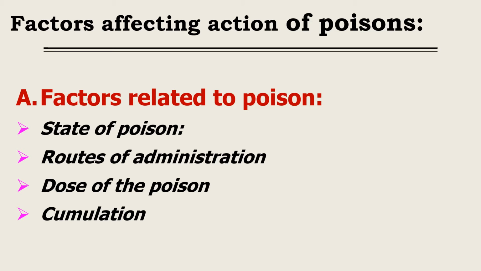The route of administration. What is the most rapid route of administration, do you think? Some of you might say inhalation and others said injection, right? Okay. The most rapid route of administration of the poison is inhalation. Why? Let us imagine you take poison by intravenous injection.